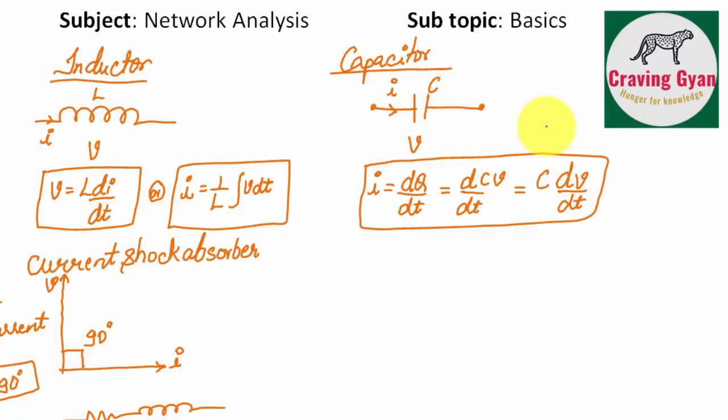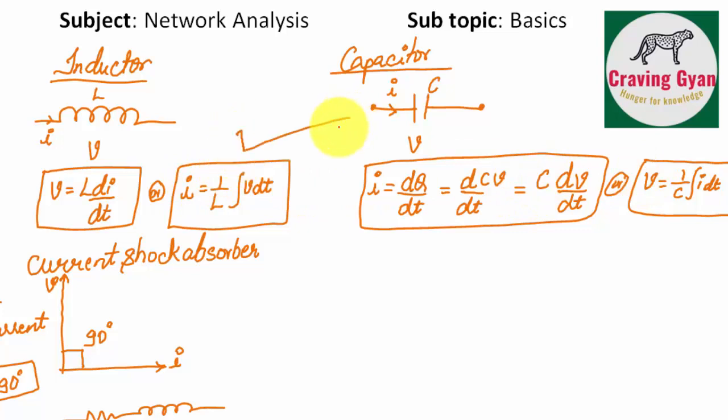Now, if I ask you to derive the voltage expression, it is simple. Nothing great: apply integration on both sides. V equals 1 divided by C into integral of I dt. If you are too lazy, try to copy this one also.